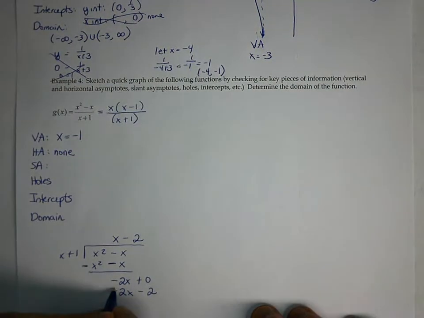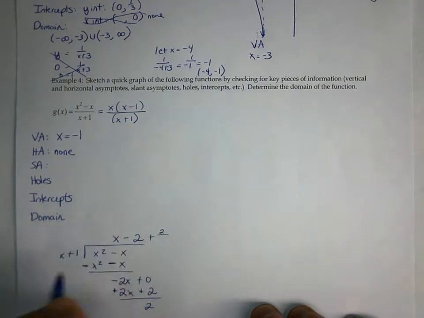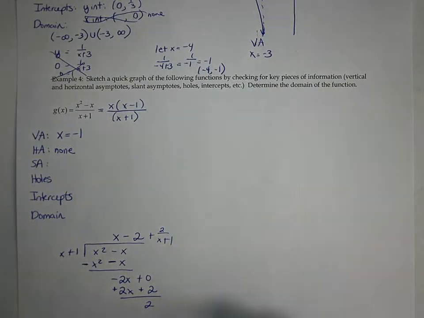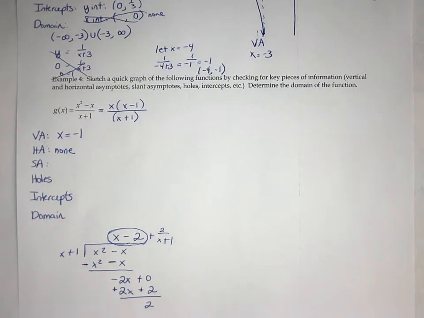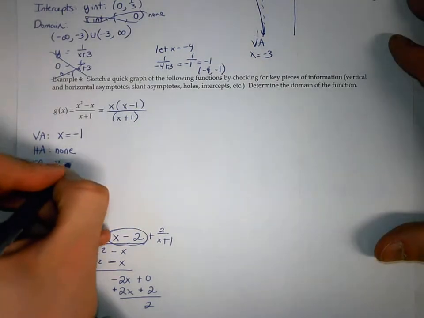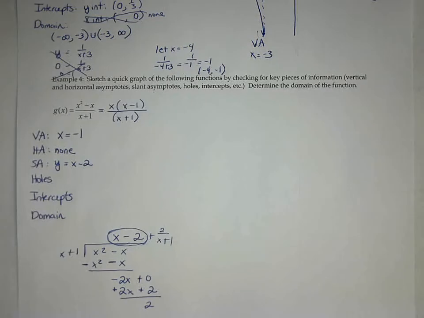When you subtract, you switch the signs of both, and I'm left with a remainder of a positive 2. Now your slant asymptote is the piece without the remainder. So there's my slant asymptote, x minus 2. So my slant asymptote is going to be y equals x minus 2.